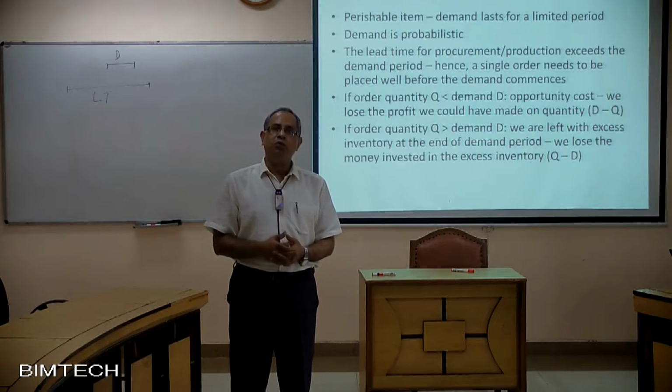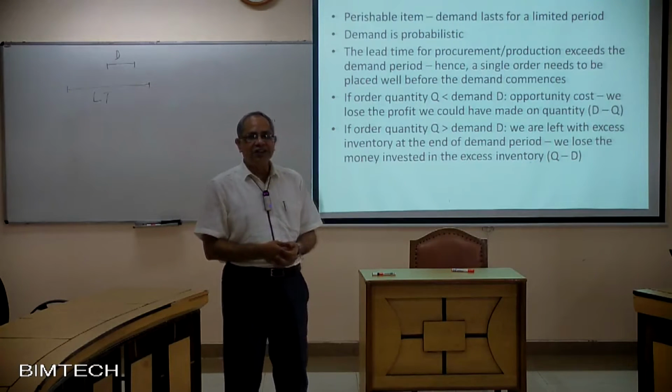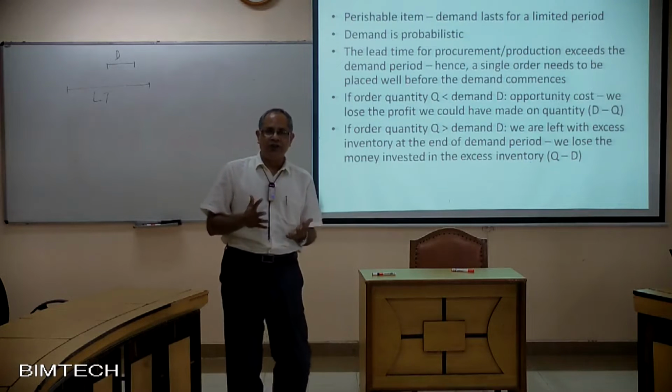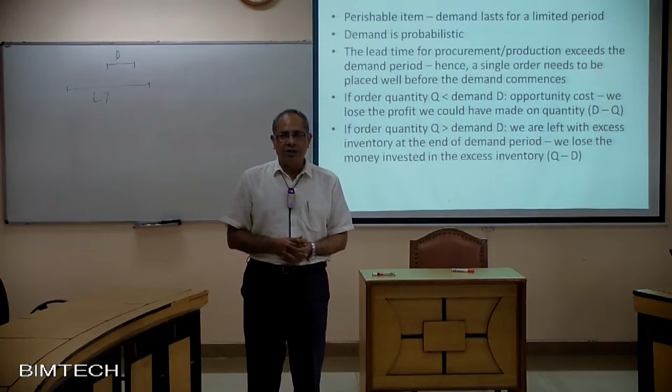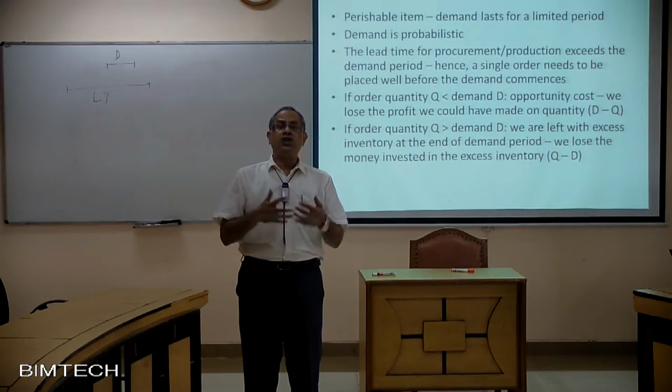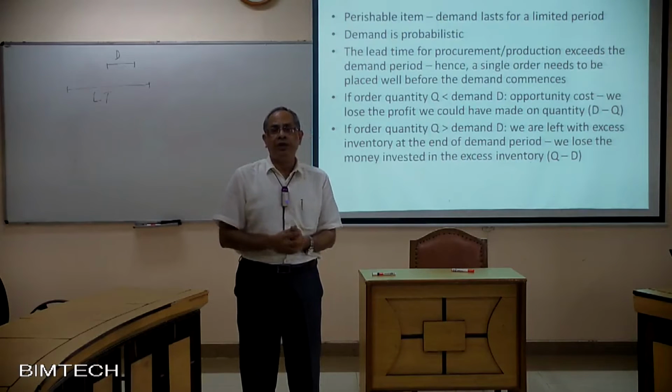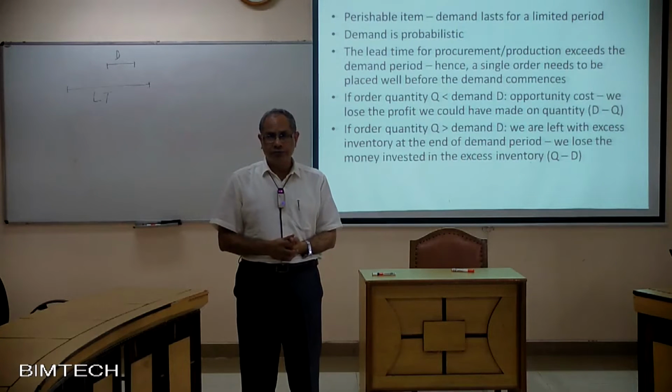And therefore, the problem is that we must order whatever item we need to order from the supplier much in advance with respect to the period when the demand is going to happen.